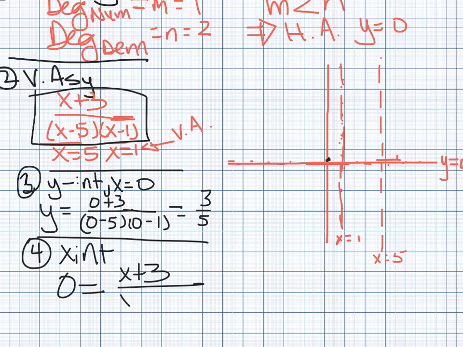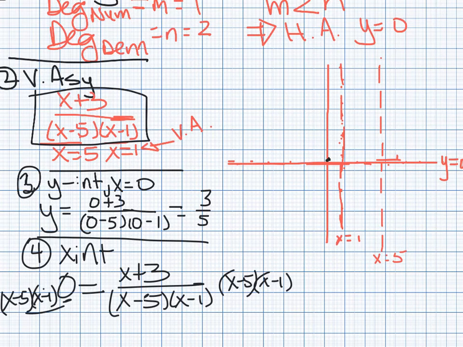So the nice thing about finding your x-intercepts is that you really just need to solve the numerator, because when you multiply both sides by the denominator to cancel out, zero times all of that is going to be 0, and this is going to cancel.